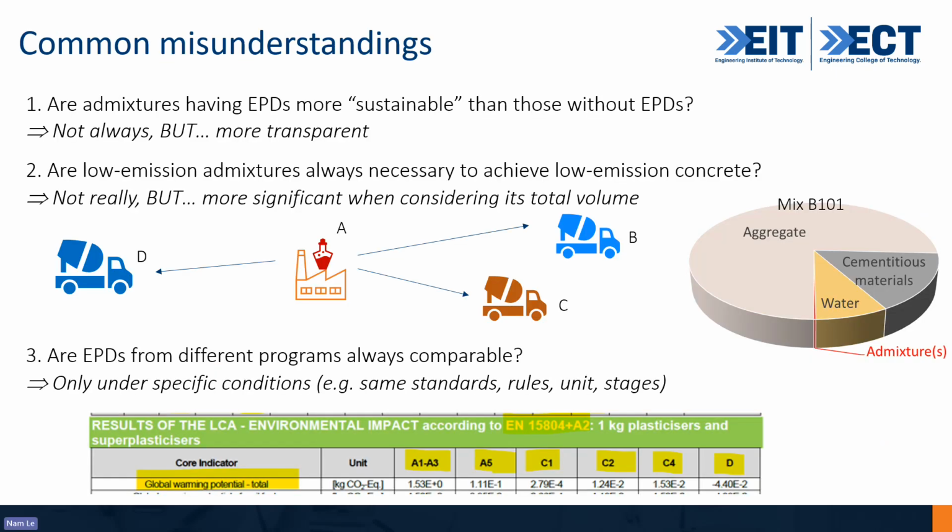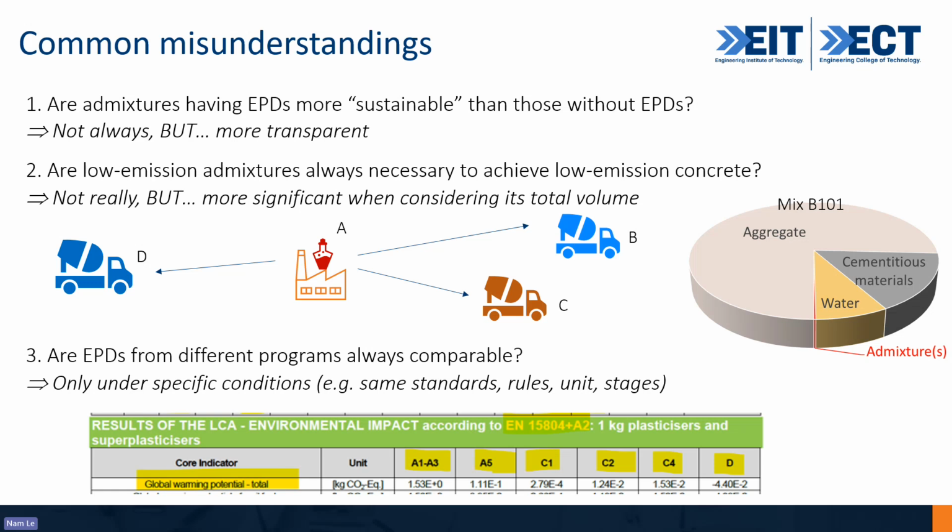Okay, some common misunderstandings about EPDs. The first one is that admixtures having EPDs will be more sustainable than those without EPDs. That one is not true, or in other words, it's not always true.